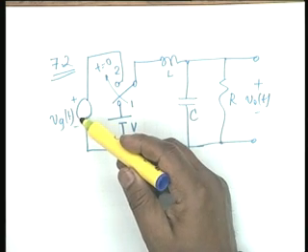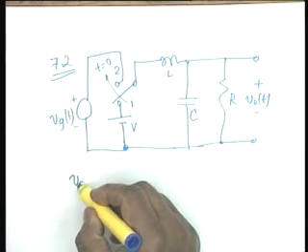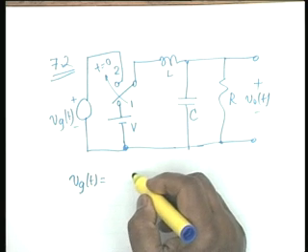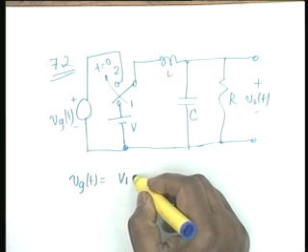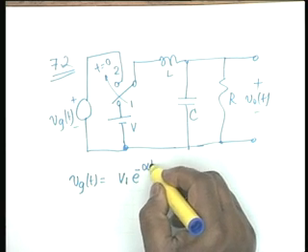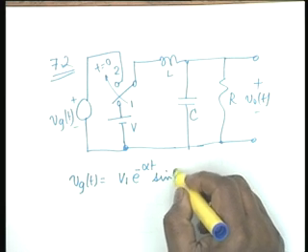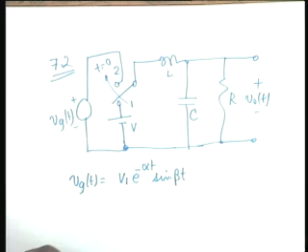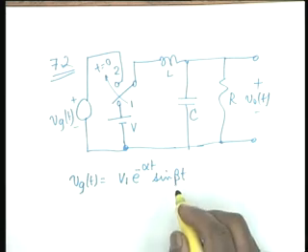The source voltage is Vg(t) equal to V1 e to the minus alpha t sine of beta t. Source voltage is this.